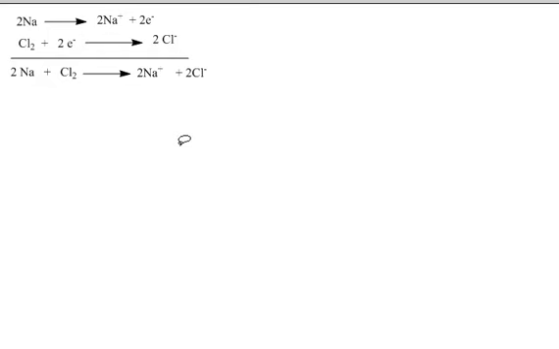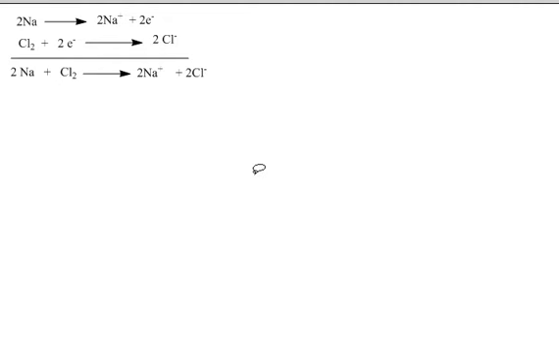There are a couple of things that I don't want to focus on today, like the phases of matter involved, going from solid sodium metal to gaseous sodium, and so on. But what I do want to focus on is the fact that once you form these positively charged ions and these negatively charged ions, they're going to attract each other.